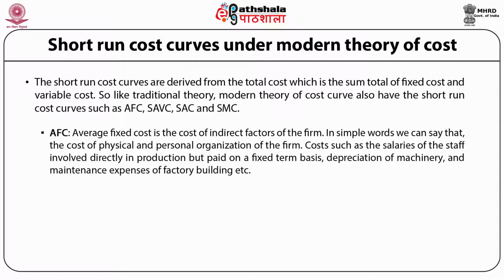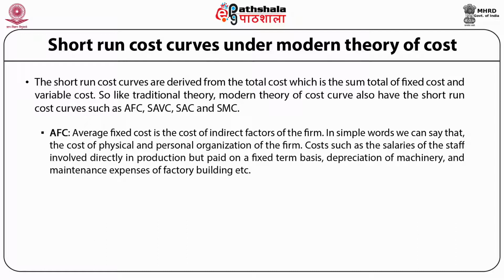AFC, average fixed cost, is the cost of indirect factors of the firm. In simple words, we can say that it is the cost of physical and personal organization of the firm.